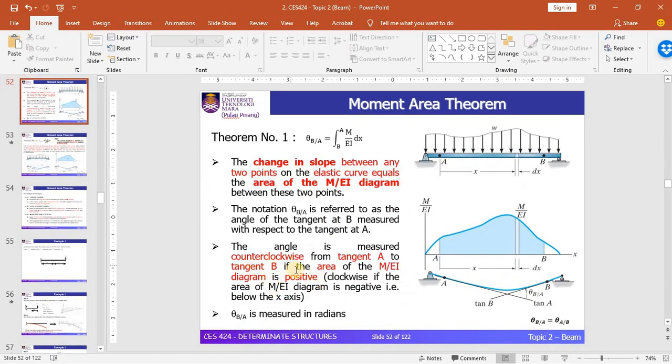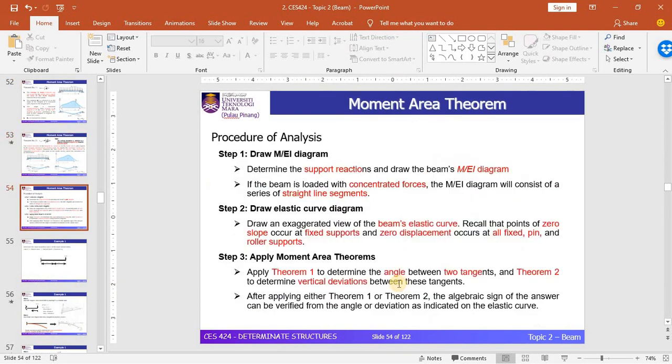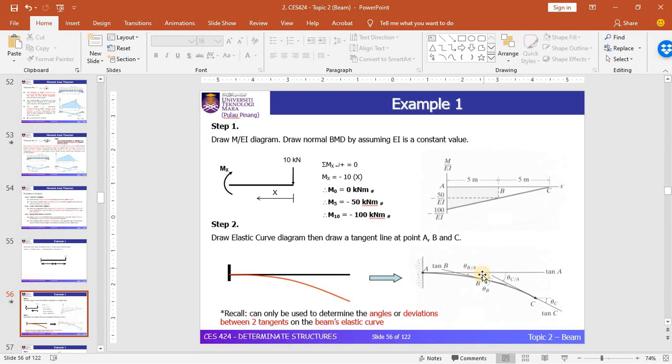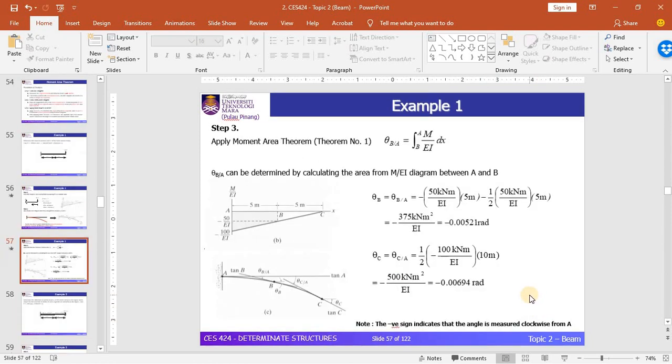So counterclockwise gives a positive value, and clockwise gives a negative value. Once you have indicated all the angles in the elastic curve diagram, you can check out the equation. You will use that equation to calculate the angle at B and angle at C. Let's move on to the next slide.